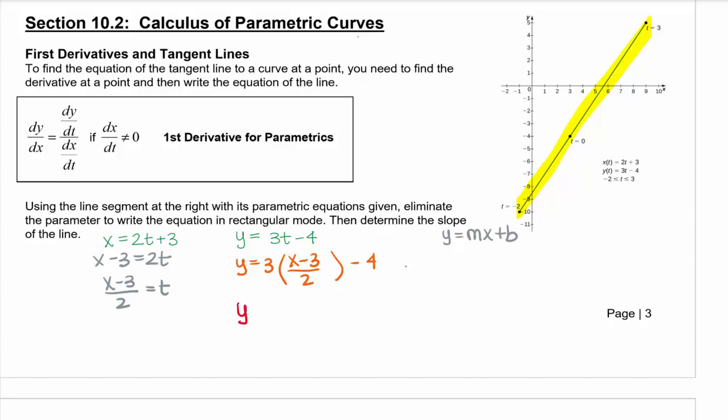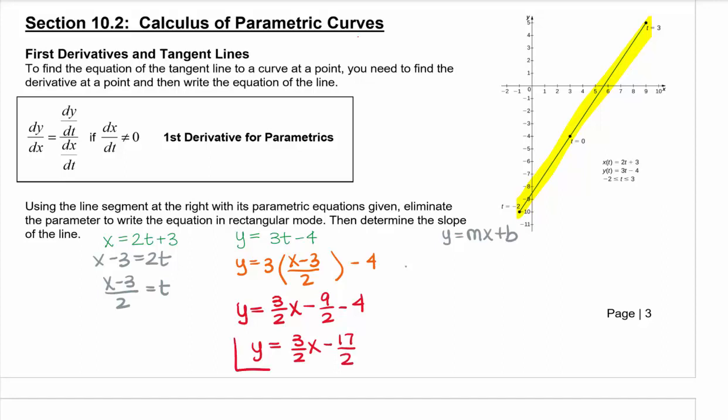So y equals 3 halves x minus 9 halves minus the 4. Then I'll combine those like terms. So it should be y equals 3 halves x minus 9 halves and 8 halves, so minus 17 halves.